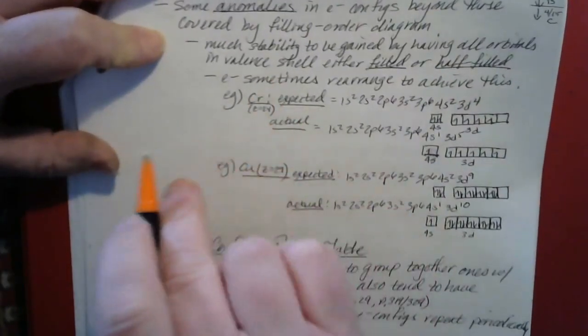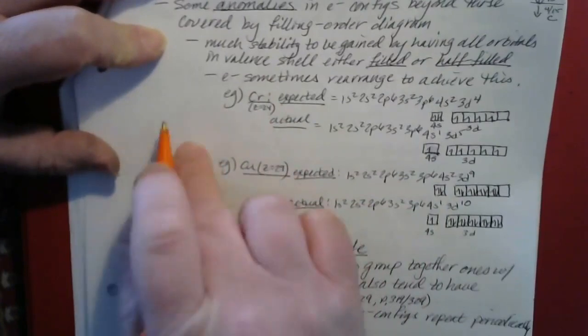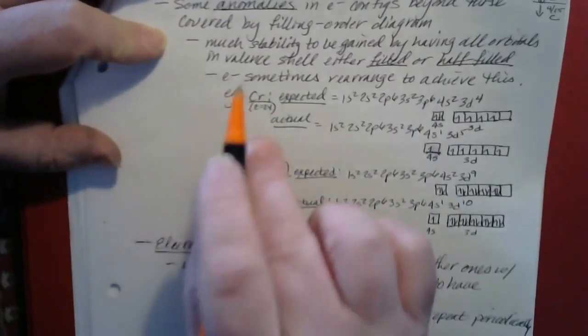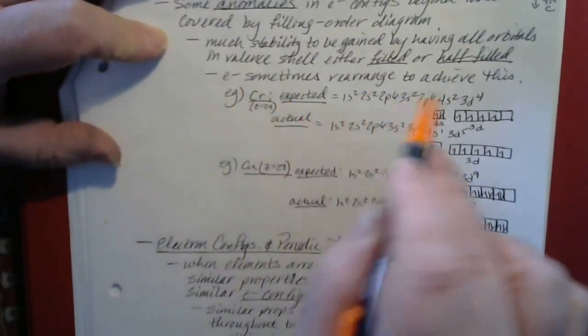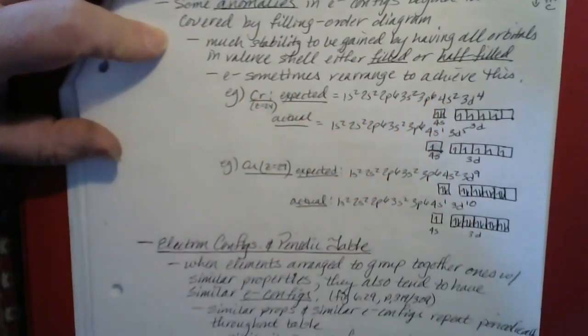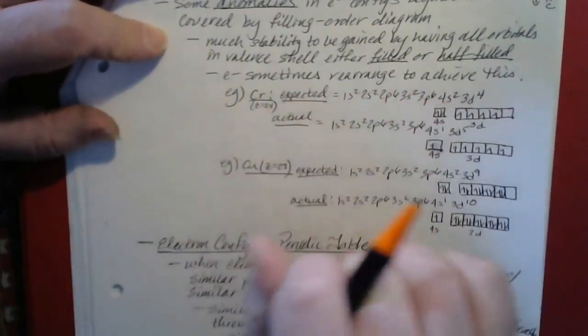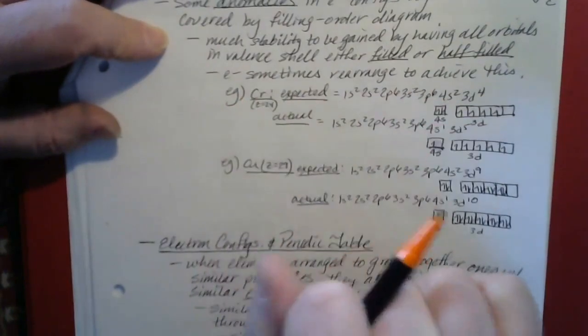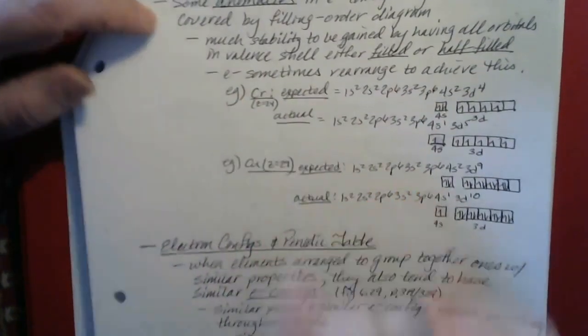In some cases, there's enough of a stabilization effect going on that electrons can actually rearrange themselves in order to achieve that configuration with all of the valence electron orbitals half filled or completely filled.